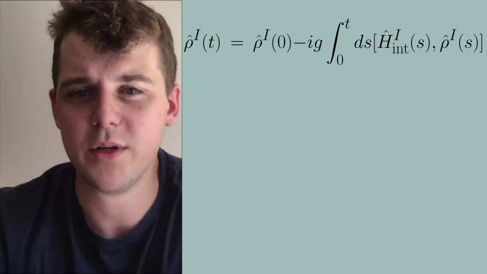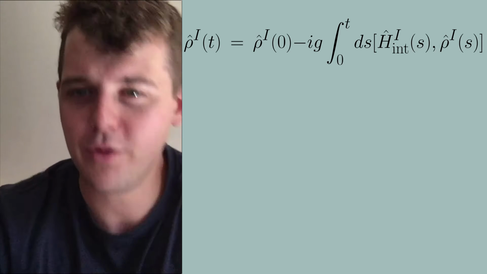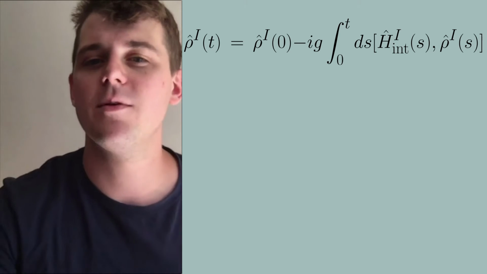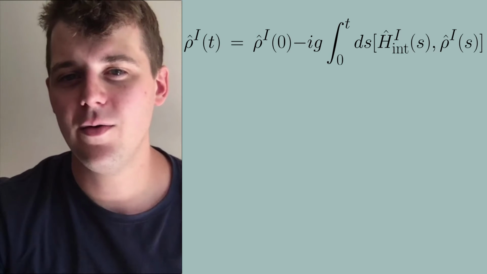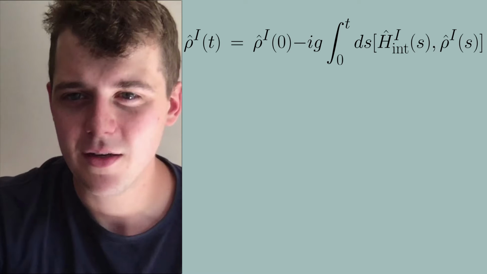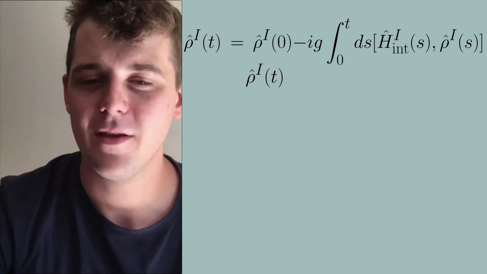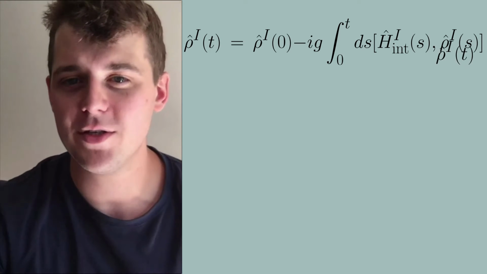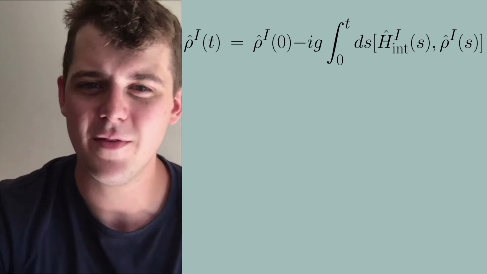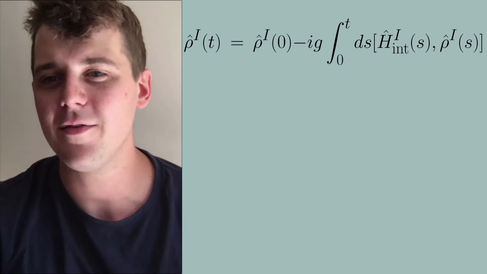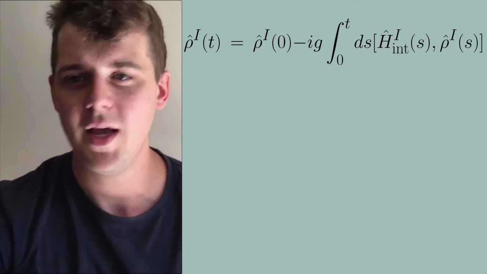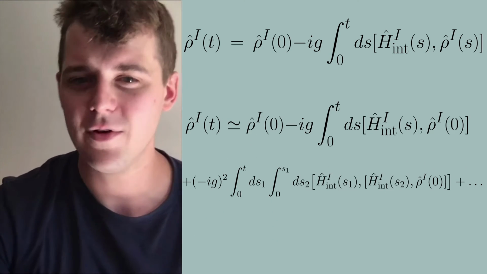What we're going to do is insert this equation into itself a bunch of times. We have an expression for rho I of t, which we can plug into itself. We can evaluate it at the time s and plug it into rho I of s on the right-hand side of the equation. And we could just do this forever and ever.